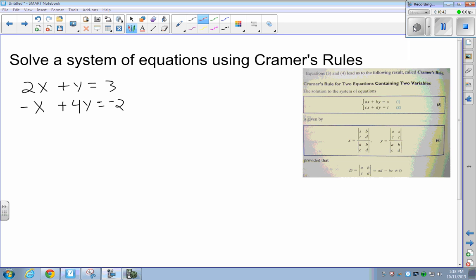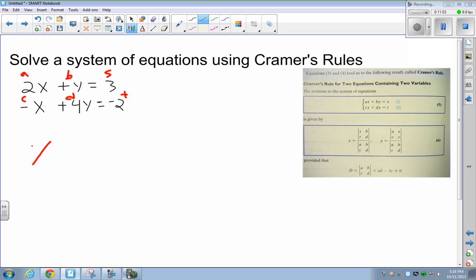Okay, so I wrote up this system of equations. Let's solve for x, y using Cramer's rule. Okay, so 2 will be our a, 1 will be our b, -1 will be our c, and 4 will be our d. And 3 will be our s, and -2 will be our t.